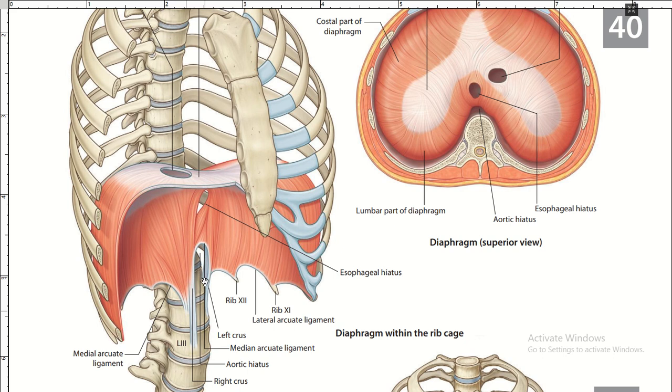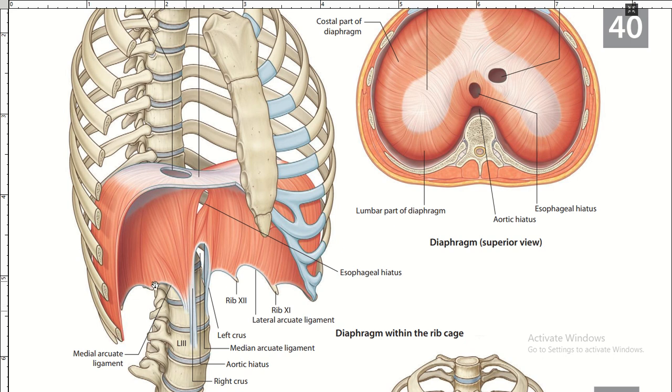The medial is going to start from the lateral body of the second lumbar vertebra and attach to the tip of the transverse process of L1, right? So this will be medial.